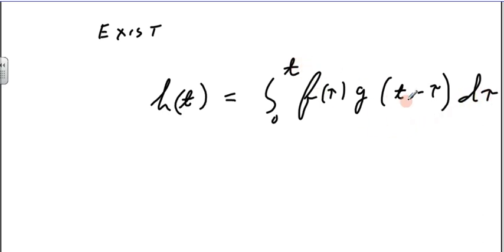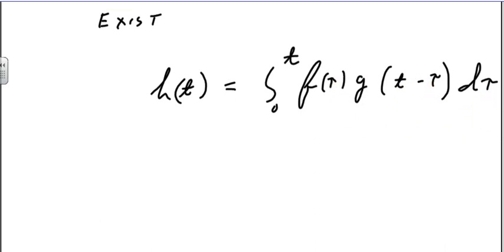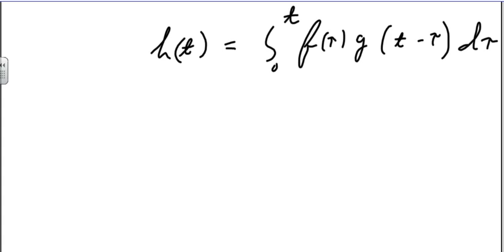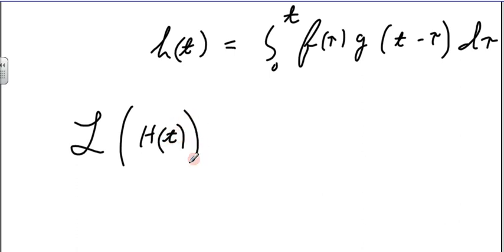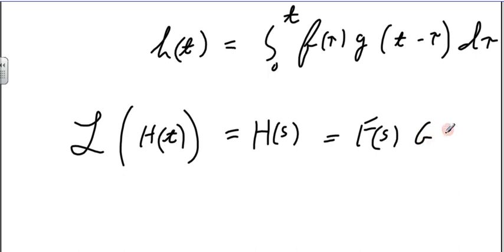There's t's and there's taus, and they're different. Okay, and if I have that thing and I take the Laplace transform of h of t, then that's going to be H of s. Isn't that nice? But it's also going to be F of s G of s. That F of s, that G of s. So that's the way it is.